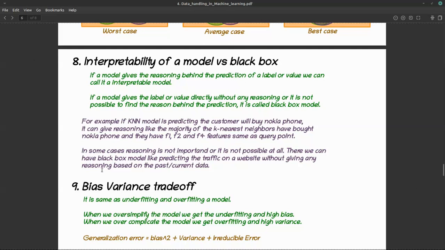You just give input, you get output, and you don't know what is happening inside the model. It doesn't give the important features, or which feature causes this output value of the dependent variable. So it's called the black box model.